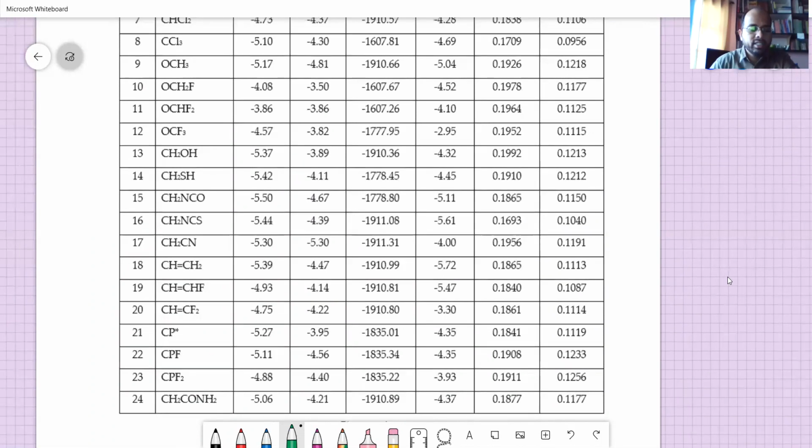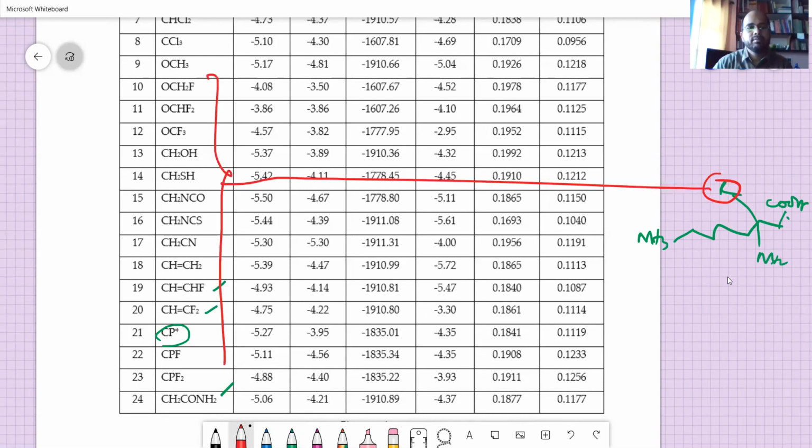You can see that I have taken cyclopropane also, CF2, and CH double bond CHF, CH2NH2. These derivatives I have chosen on some carbon atoms like this. This is the COOH, and here you have NH2, and here is the R. This is the place where all the substituents are being taken up.